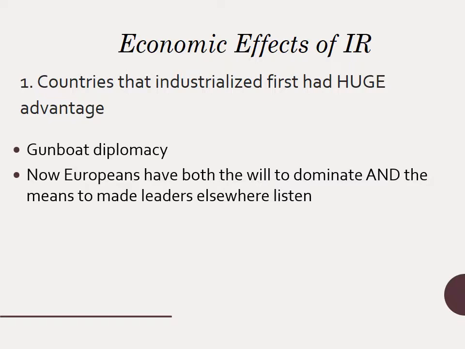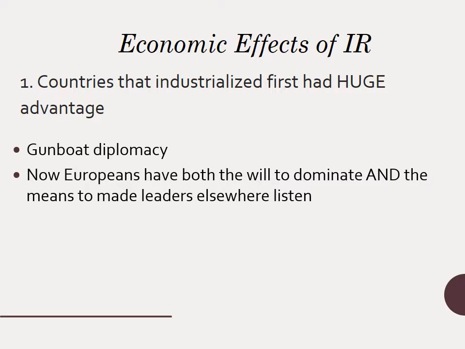Now, this gunboat diplomacy increasingly characterized the ways Britain and other industrialized states approached their relationships with non-industrialized states during the 19th century. And this was because the technological advances gained through industrialization allowed them to get what they wanted, even if it was against the will of another country. So what we begin to see by the middle of the 1800s is a global shift in the balance of power in the world.